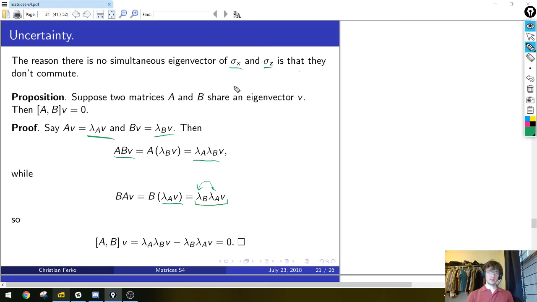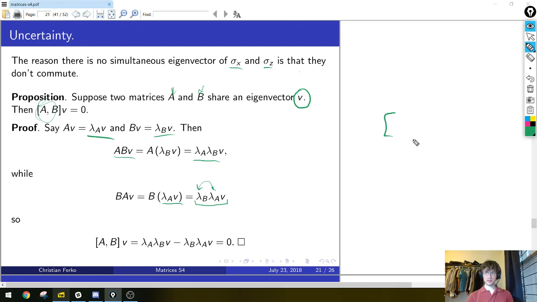So the point of all of this is that if there is a state which has simultaneously well-defined properties associated with these two observables, so if A and B are, say, color and hardness, if there is ever a state that has a well-defined color and a well-defined hardness, then the commutator of those two matrices applied to that vector must be 0.